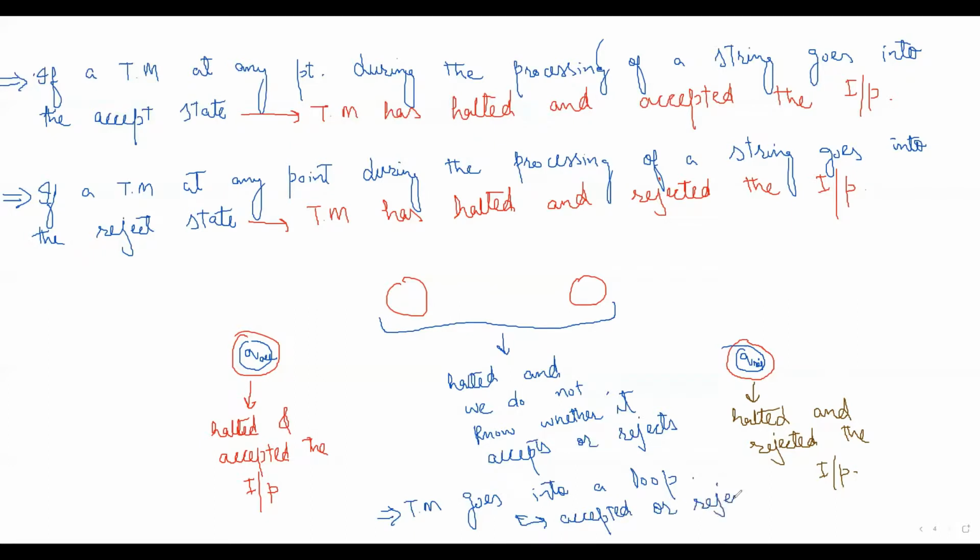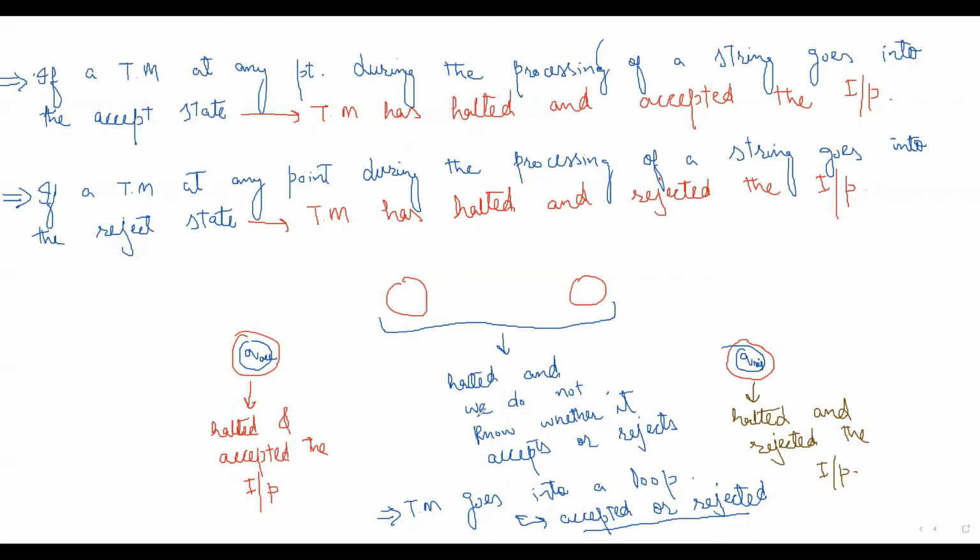I will explain this with the help of an example, but you have to keep this in mind. It is possible that your Turing machine is designed in such a way that it will halt, or in such a way that it will go into a loop for some inputs.